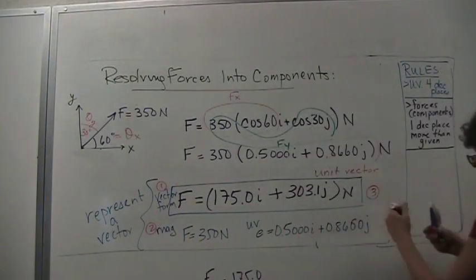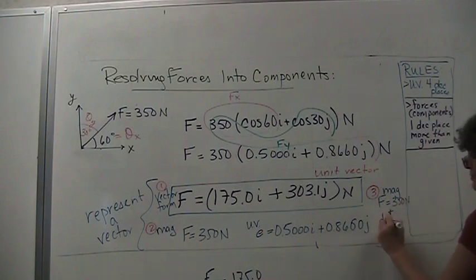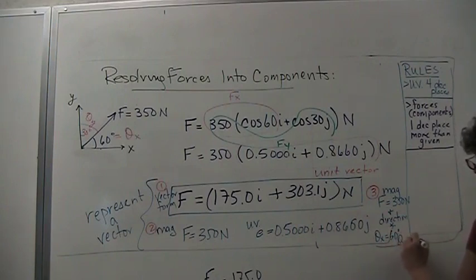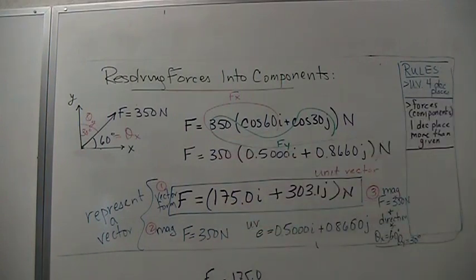And the third way of representing a vector is magnitude, which we know is 350 newtons, and what's referred to as the direction angles. The direction angles are theta: theta x is 60 degrees, and theta y is 30 degrees. So we just represented this force in the 3 different ways we could represent a vector. You need to know all 3 of these ways, because I'll ask you to represent it in one or all 3 of these ways.